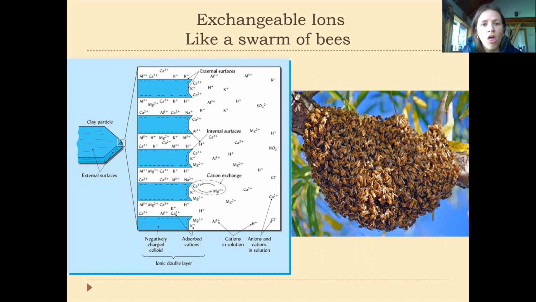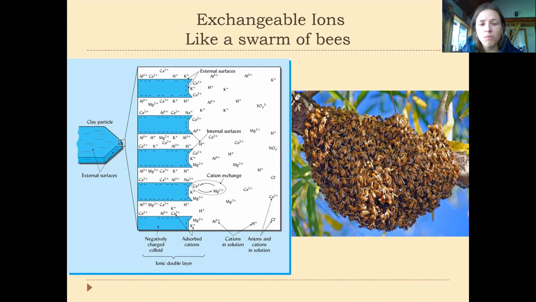They're not still, they're all vibrating around. And as they're vibrating, other elements floating through the area might, for a moment, end up a little bit closer than another element, and then we would have an exchange, an exchange, an exchange. So all these things are constantly coming and going, vibrating around. I think a swarm of bees is a common analogy I've heard, and it helps me visualize what's going on here.